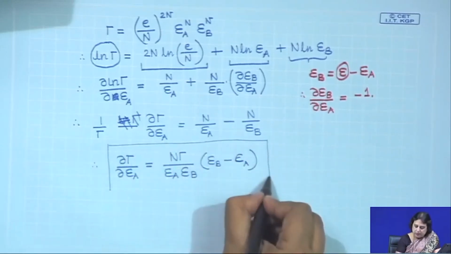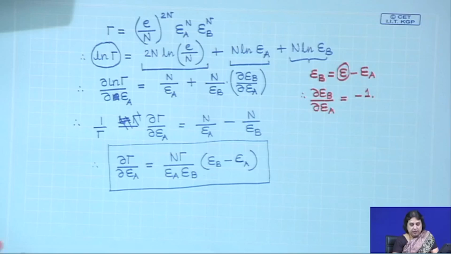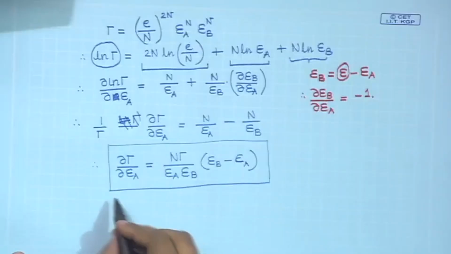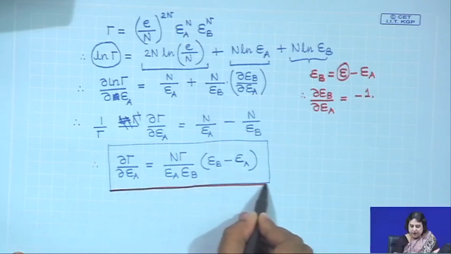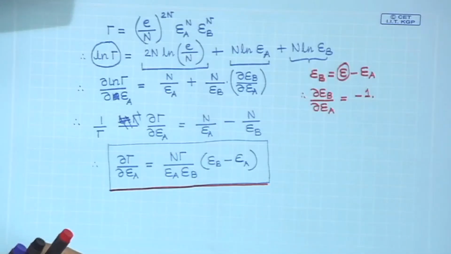So, now I know that if gamma is the number of microscopic states associated with the condition that subsystem A has a total energy of epsilon A, then the first derivative of gamma with respect to epsilon A is given by this relationship. If that is so, we can very easily say that if there is a maximum somewhere in gamma with respect to epsilon A, this first derivative must vanish at that value.